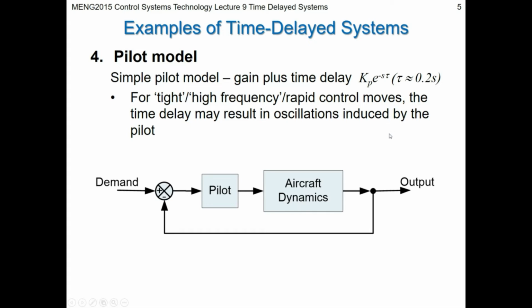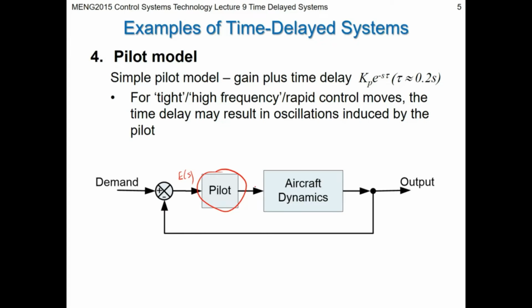Here's another one, a pilot in an aircraft context. Now, in this case, it's not the output that's being measured. The pilot is responding to an error. So the pilot is basically a person in the loop in this situation, and the pilot is assessing visually the error between the demanded value, it could be pitch or altitude or whatever it is, and the output, the current state.